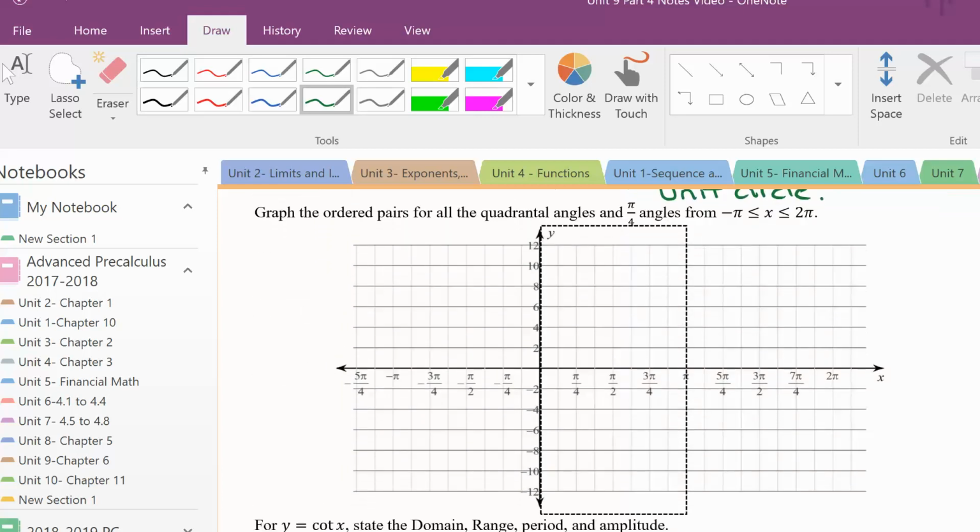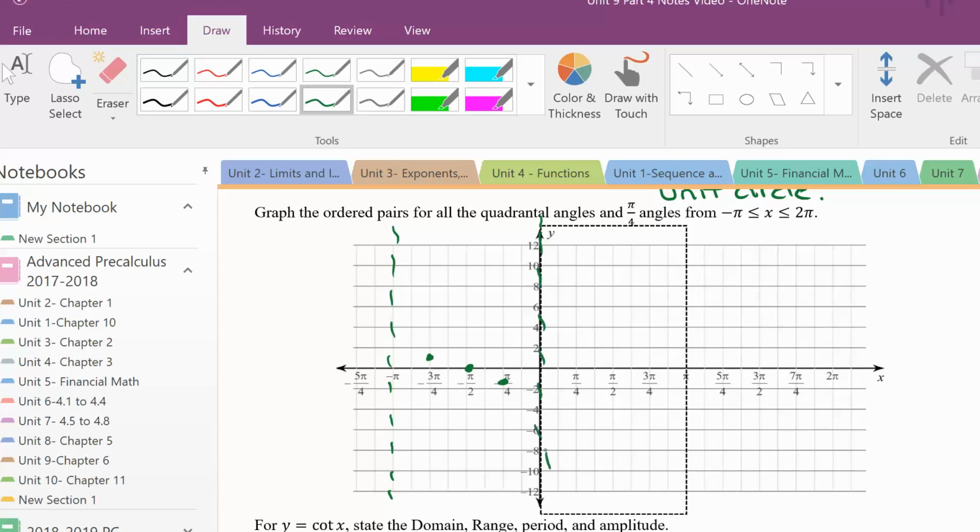Now, when you graph the cotangent the same way, their asymptotes start at negative pi. Negative 3 pi over 4 is positive 1. Negative pi over 2 is 0. Negative pi over 4 is negative 1.